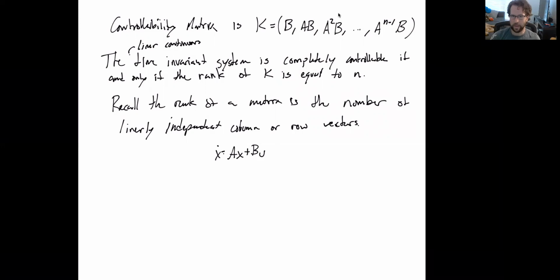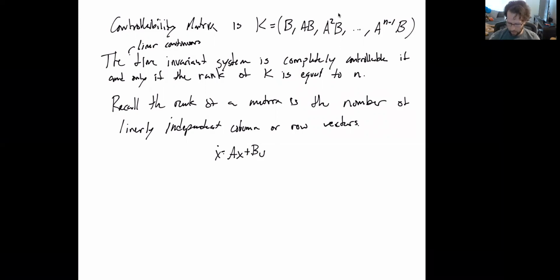But as long as n of those rows are linearly independent, so if you take the row reduced echelon form of it, you get a 1 in some element on each row, and you don't have one that's all zeros, then you know that you have n linearly independent vectors.